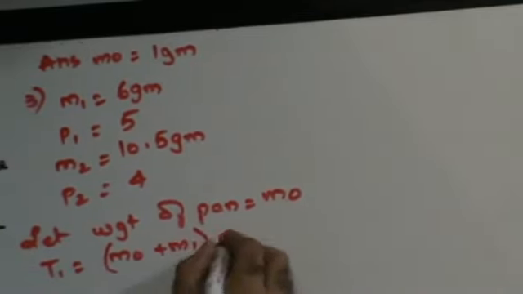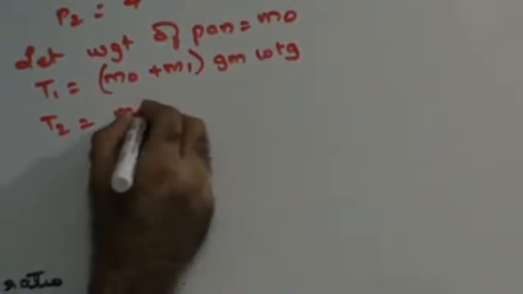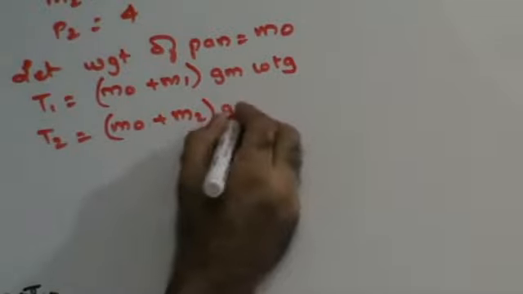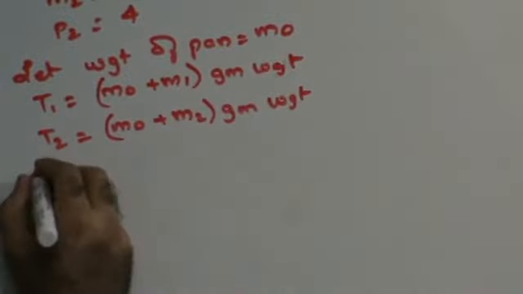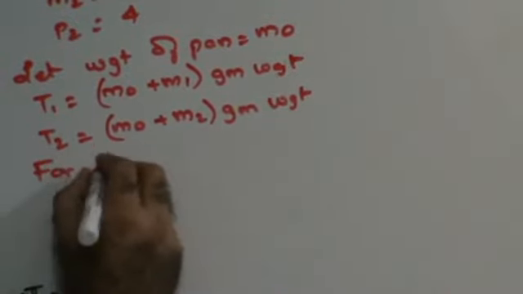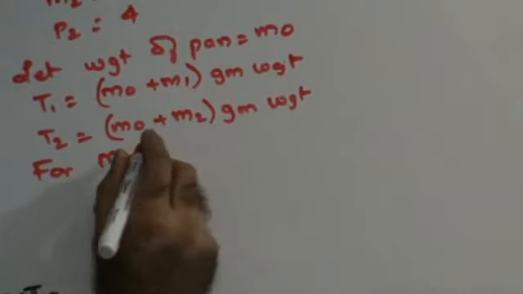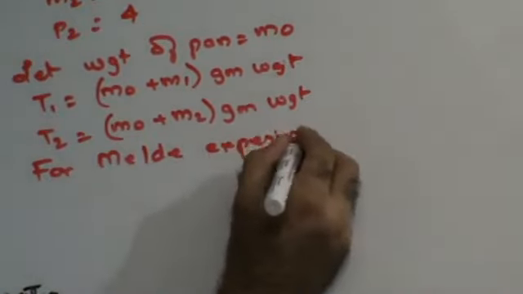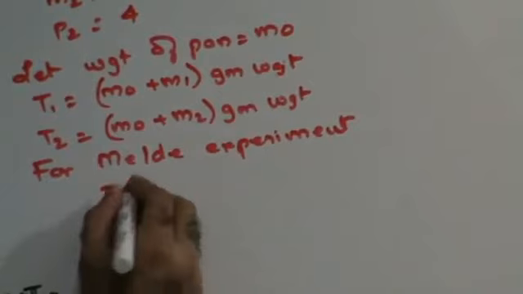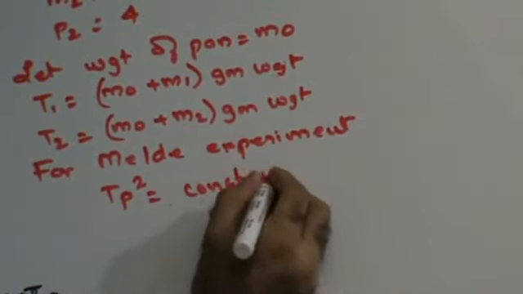Let's assume that the weight of the pan is m0, right? That means I can say that T1 will be m0 plus m1 gram weight, and T2 will be m0 plus m2 gram weight. Now for Melde's experiment, we know that T P square is constant, right?